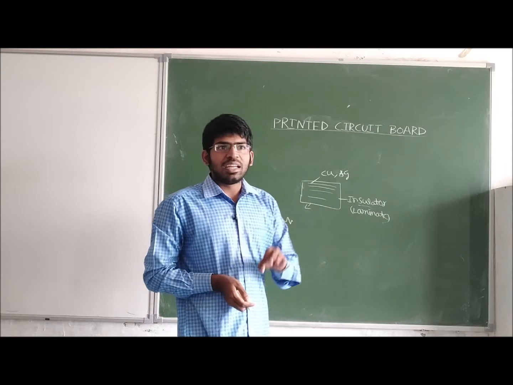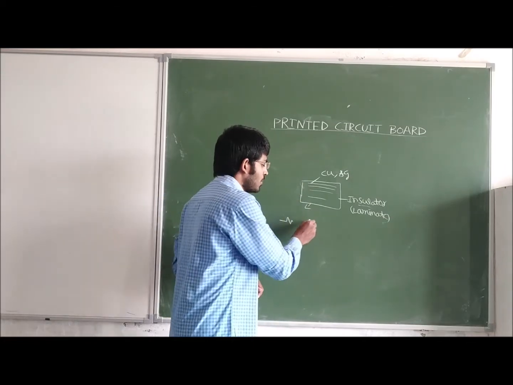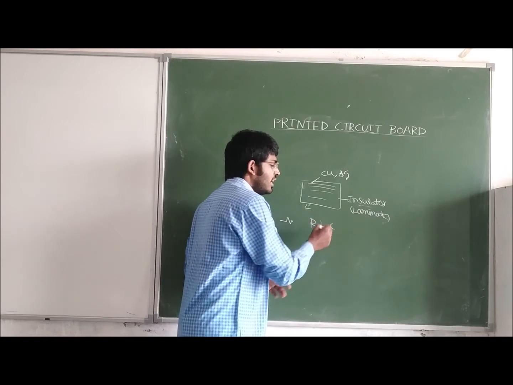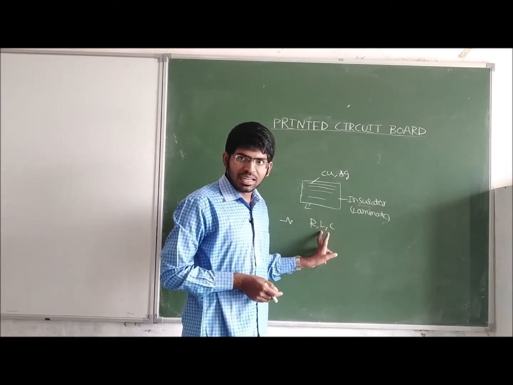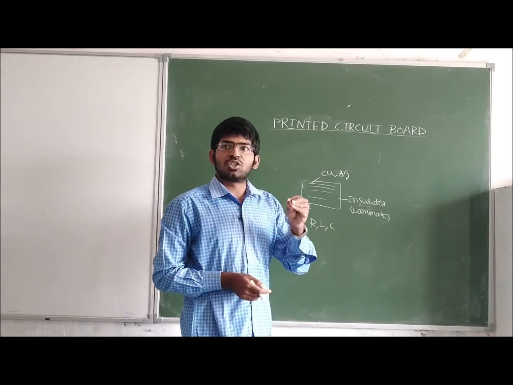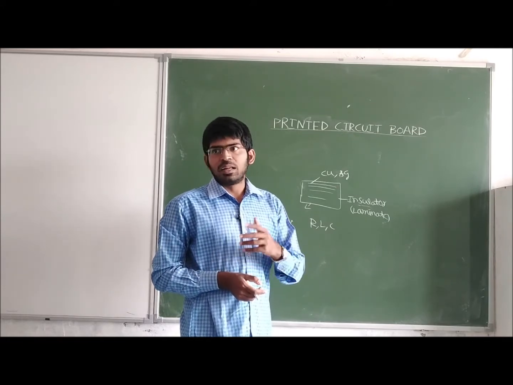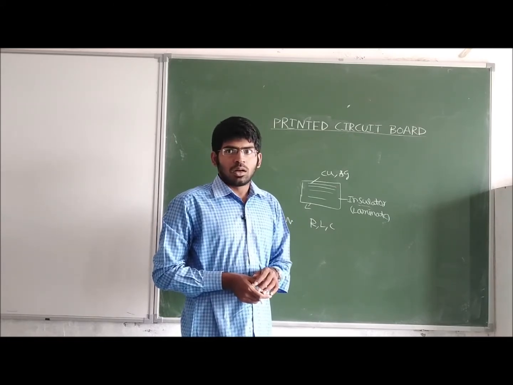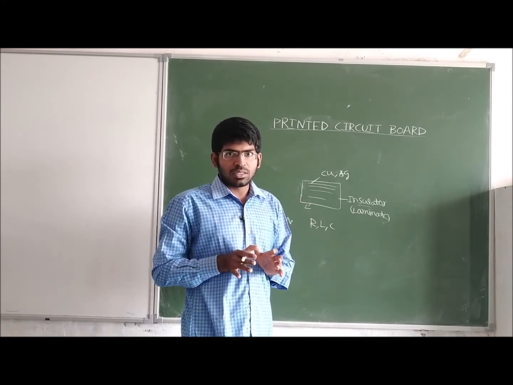Until now, we have studied two chapters. In the first chapter, we studied the passive components: resistor, inductor, capacitor. In the second chapter, we studied switches, fuses, MCB, relay. Now we have learned many components.